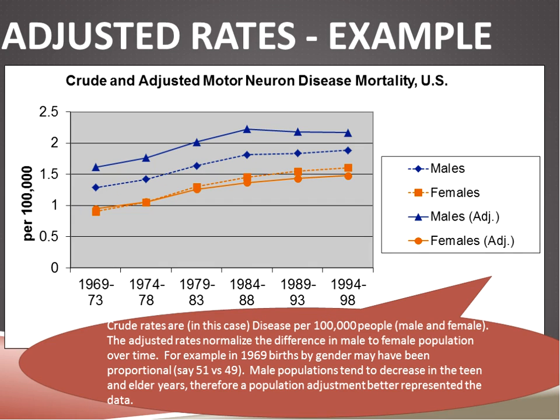So when you look at the graph, looking at first that dotted line and then looking at the solid line, you can see that when we adjust for the differences in the proportions of the populations of males to females over time, the number of male deaths decreased from the crude rate and the number of female deaths increased from the crude rate.